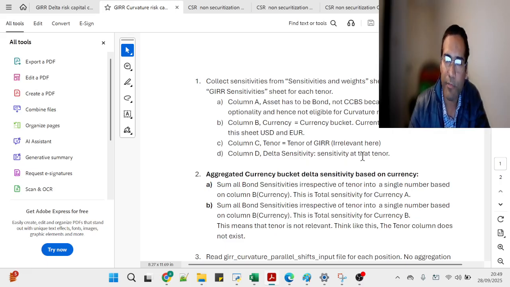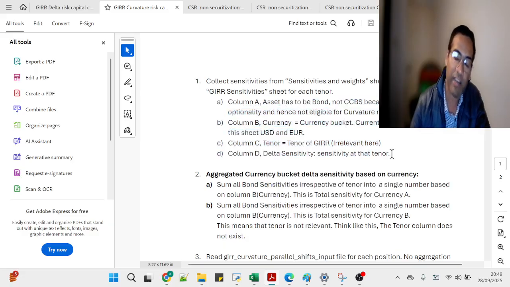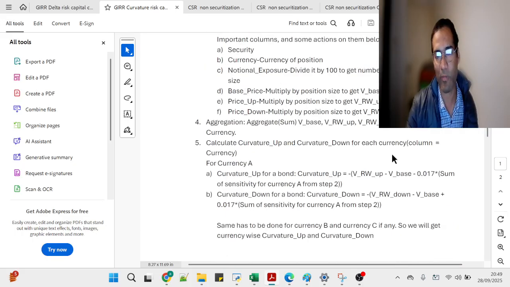So it also has a process. You might be wondering why I am using the delta sensitivity for calculating curvature. Because it is required. See this formula here at the end. When you calculate the curvature, you have to subtract the delta sensitivity.